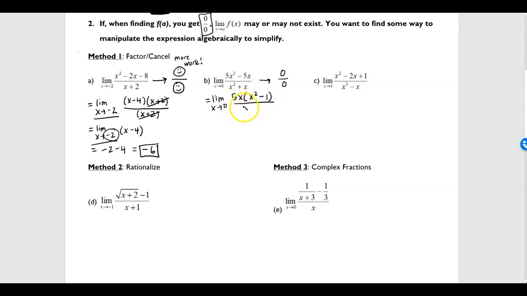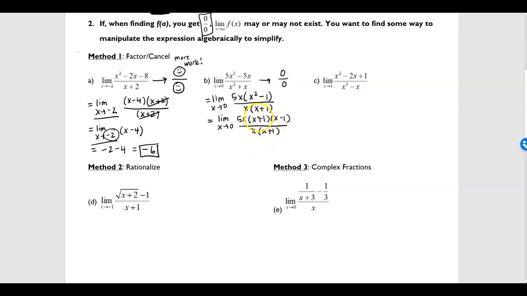And the denominator, I could factor out an x. Now you might look at this and say, well, I can factor some more. You can do that. I could try to simplify first. It's up to you. I'm going to go ahead and factor it. I would prefer to see all of my factors. 5x times x plus 1 times x minus 1 all over x times x plus 1.